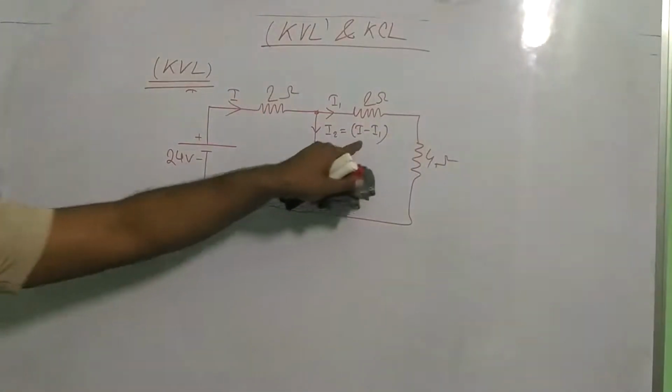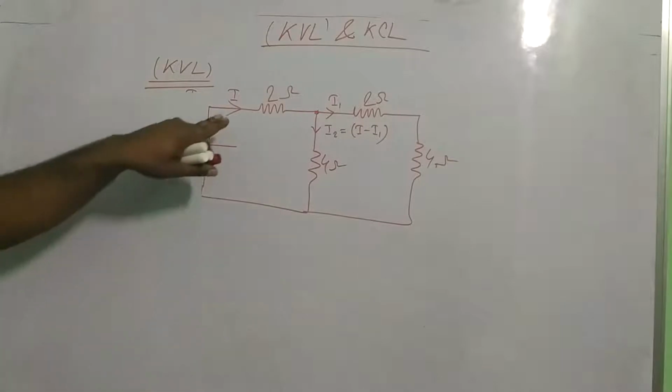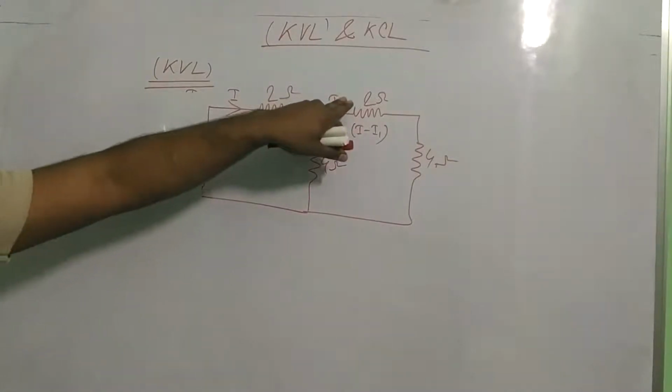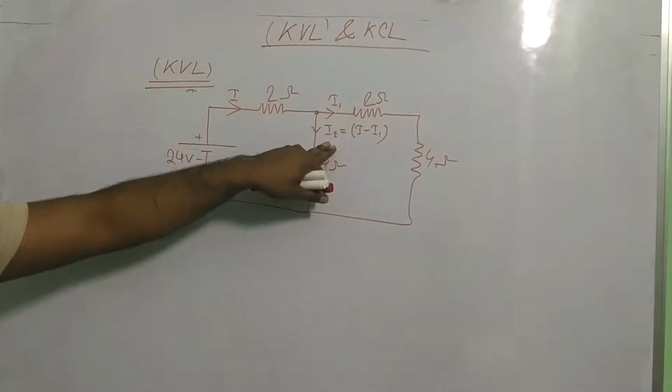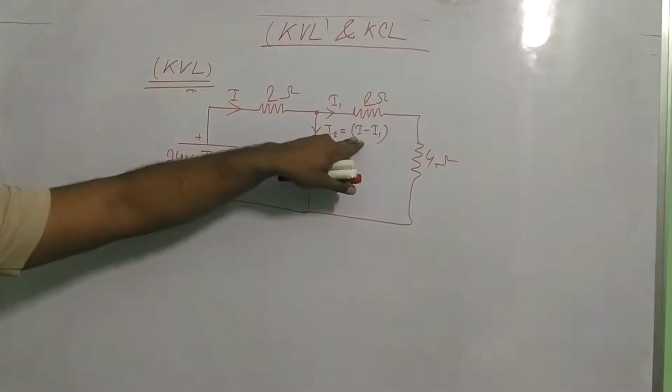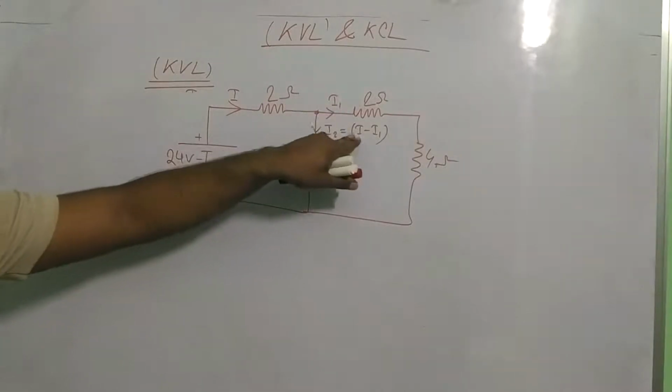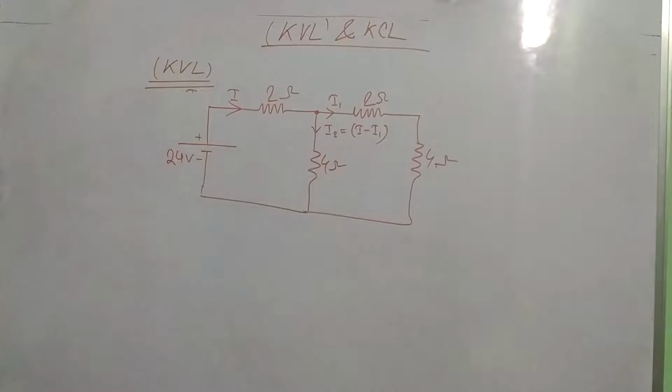Because I is divided into two parts, I1 and I minus I1. Now I have finished my current direction and assumption of current.